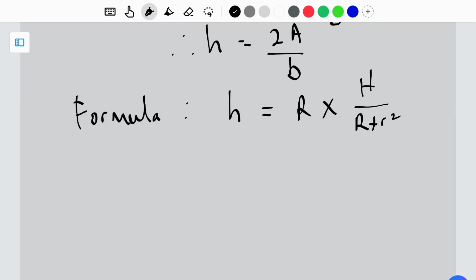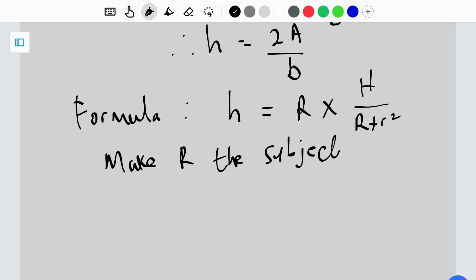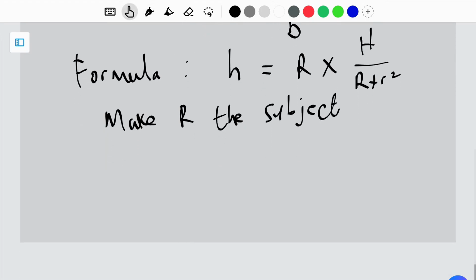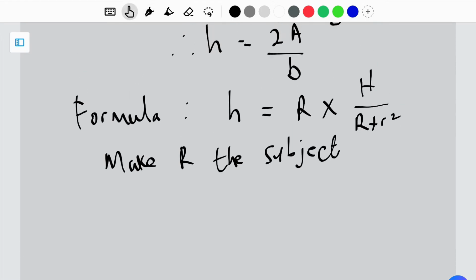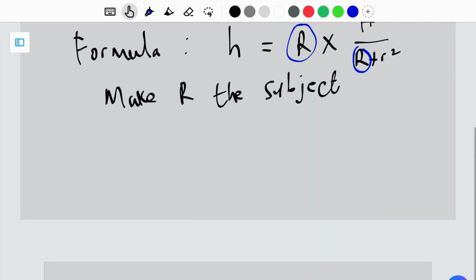This is a bit more difficult because they're now asking us to make R the subject. How do I make R the subject of the formula? It's more tricky because here's an R and here's an R. But don't worry, we're going to get through it.